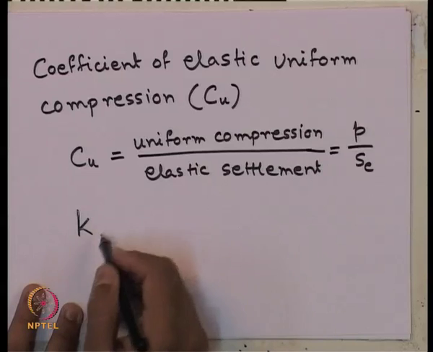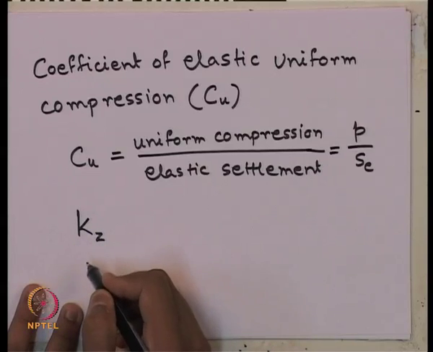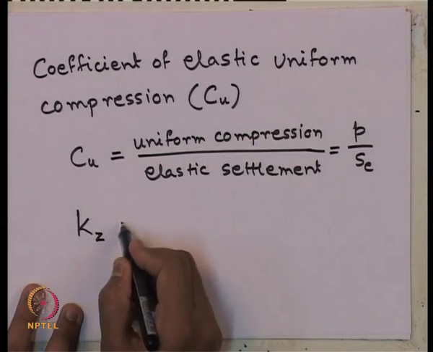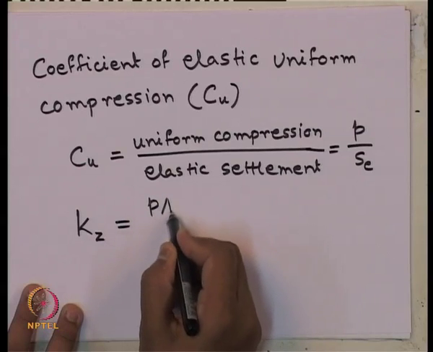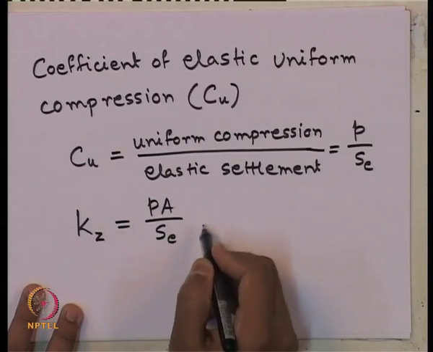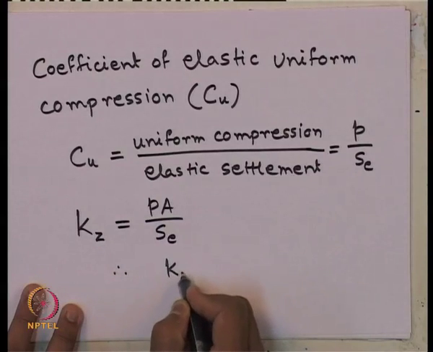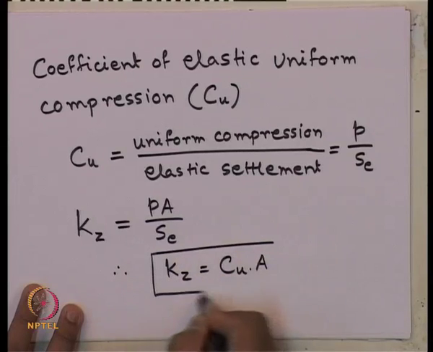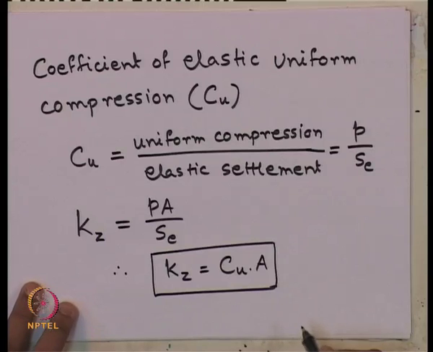So, using this, what can we compute? Kz, that is the spring constant for vertical mode of vibration, is given by P by A times Se. Therefore, Kz is Cu times A. That is the use of this coefficient of elastic uniform compression, from which you can compute the vertical spring constant for vertical mode of vibration, and A is the area of the base plate.